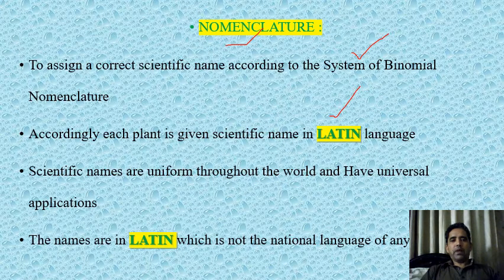Latin names are assigned to plants or animals because Latin is not the national language of any country, so it is free of political influence. Similarly, scientific names are uniform throughout the world, recognized in all parts of the world, and therefore have universal application and acceptance.